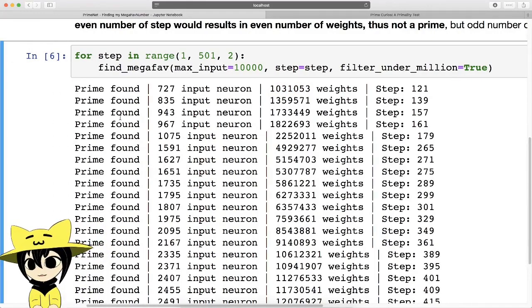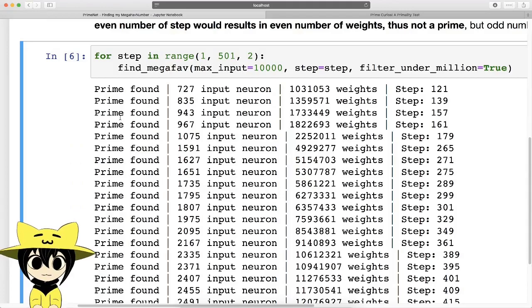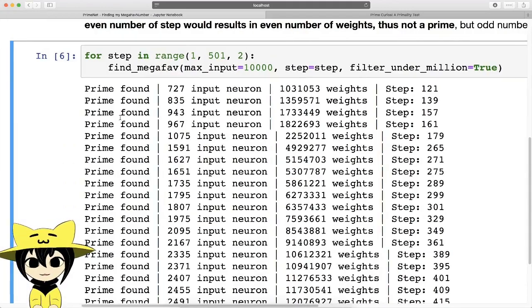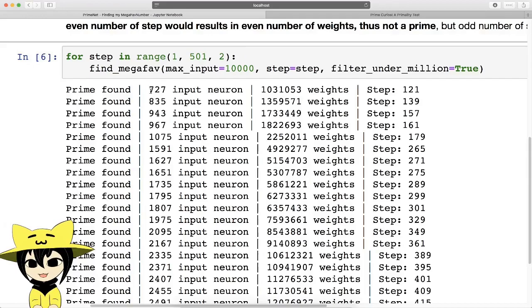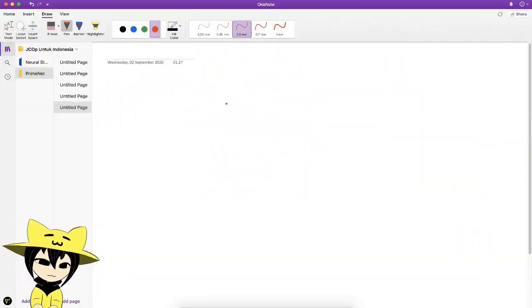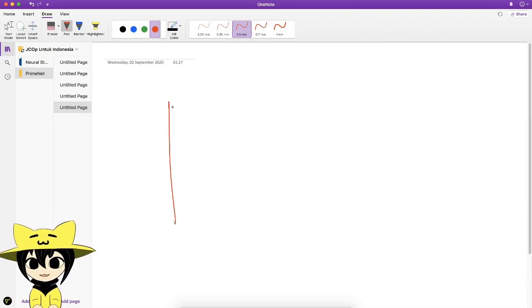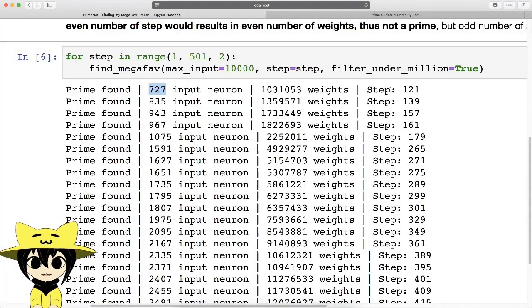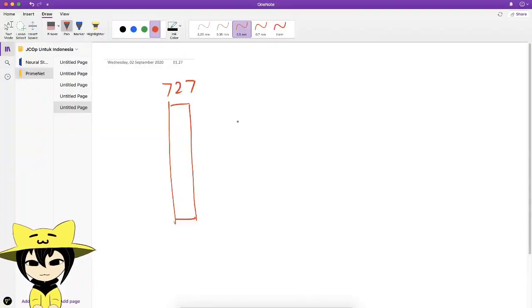So what kind of architecture did we find for this PrimeNet? The architecture starts with 727 neurons. If I draw it, it would be like this: 727 neurons with a step of 121.